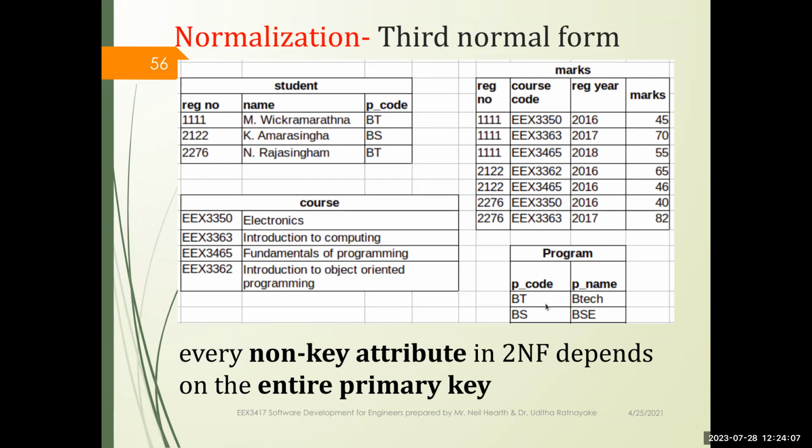Now, when we consider course, this is a non-key attribute that belongs to the entire primary key. When we change the primary key, all these course details also should be changed.